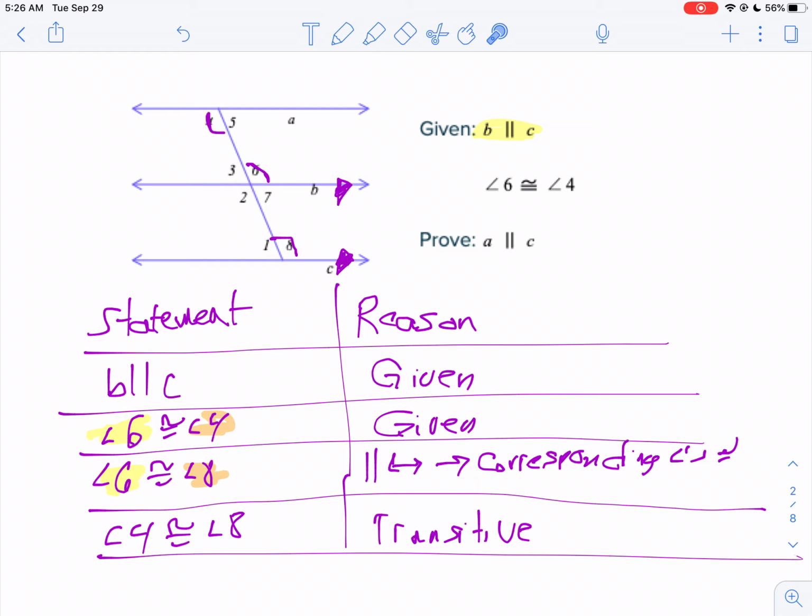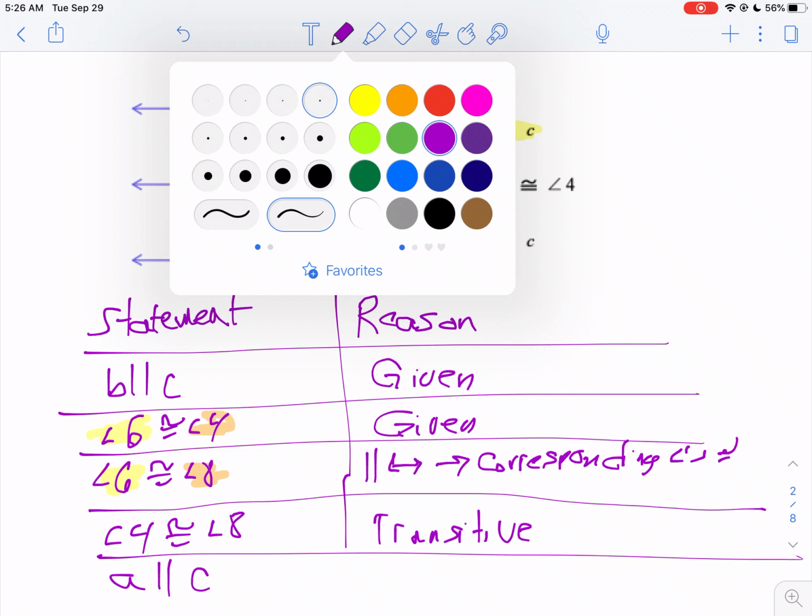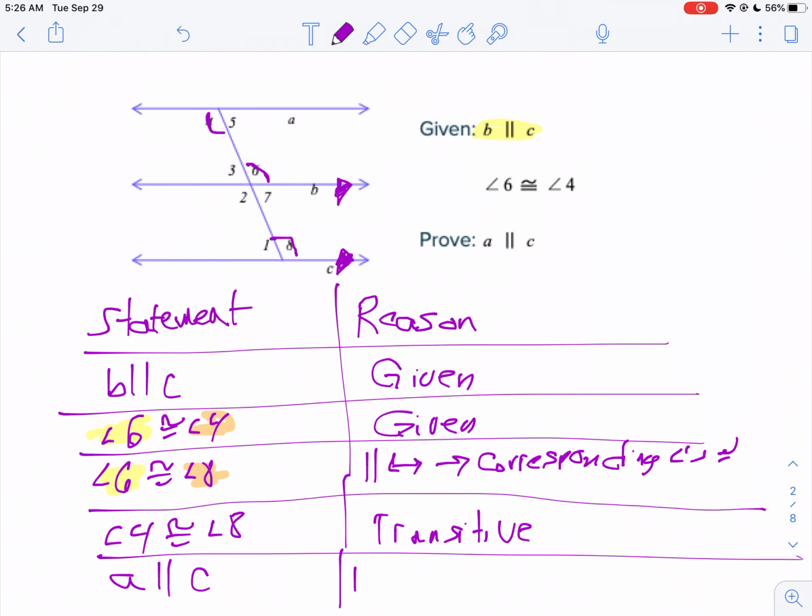So we're going to say that if they're alternate interior angles, that means line A has to be parallel to line C, because now we have alternate interior angles congruent. I don't want to write all that out.